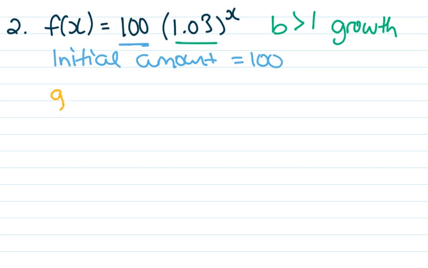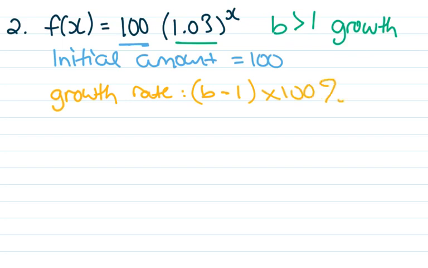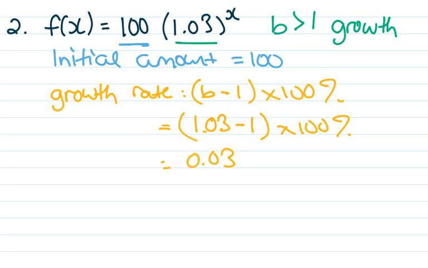And now the growth rate, we're going to use the same formula as last time, b minus 1 times 100%. So b is 1.03 minus 1 equals 0.03. Times 100% equals 3% growth rate.